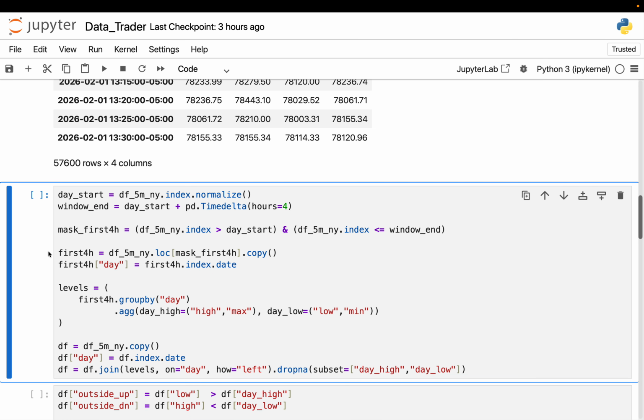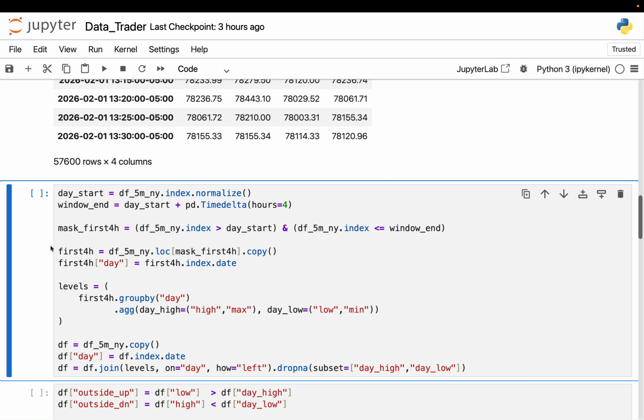And next one is a very important step, which is just building the daily levels from the first 4 hours. So this is just computing the daily range levels as explained in the beginning. First creating the day start, which is just the New York midnight for each candle, and the window end, which is just the day start plus 4 hours.